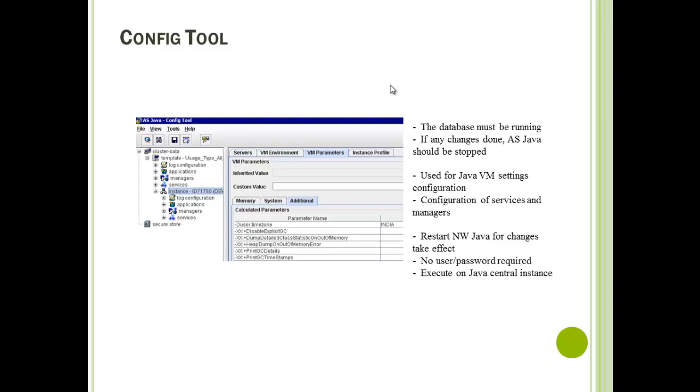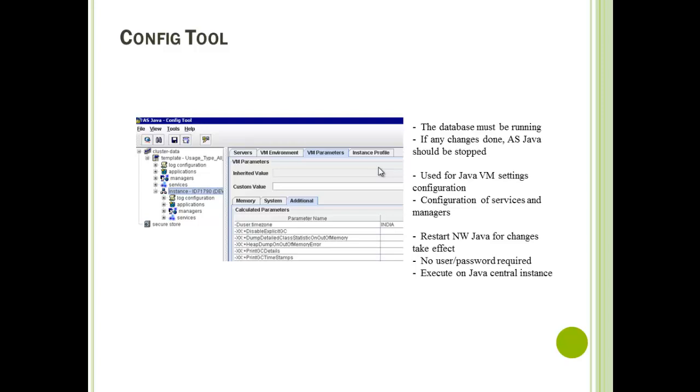Okay, the first tool which we are going to see is the config tool. The config tool is used to maintain the settings of SAP application server Java in the database.